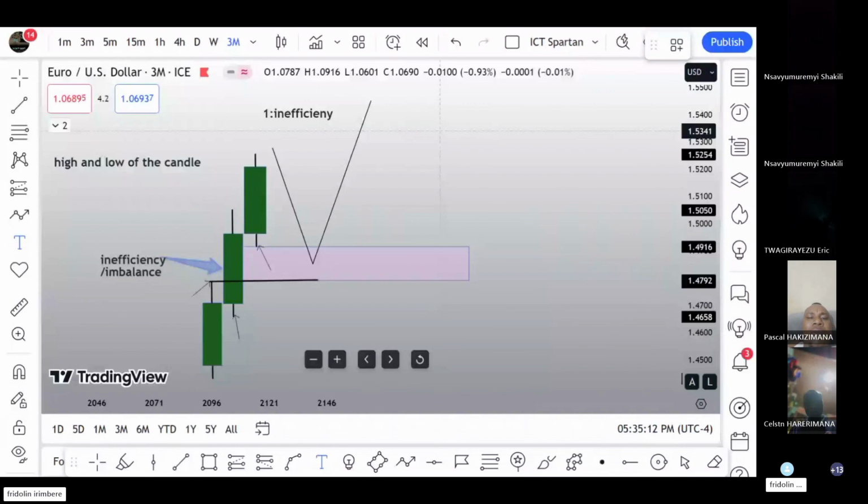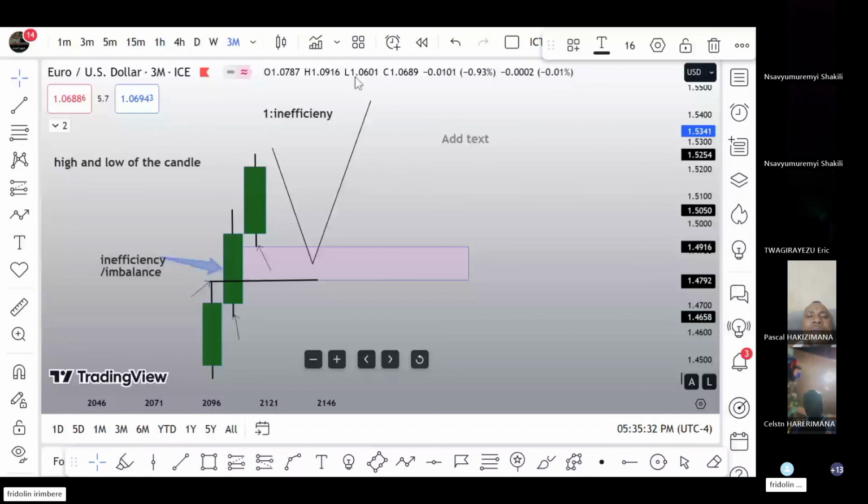Kuko level ubu zifite hano hejuru, wibaza iki kuki zino level ziba ziri no hejuru. This is an open. This is a high. This is a low. This is a close. So why can't you use them? They are there to be used.